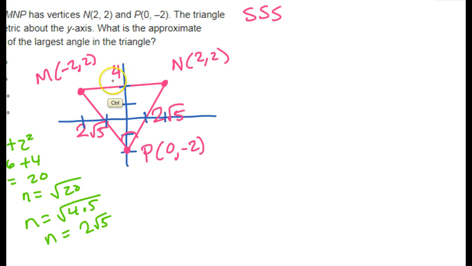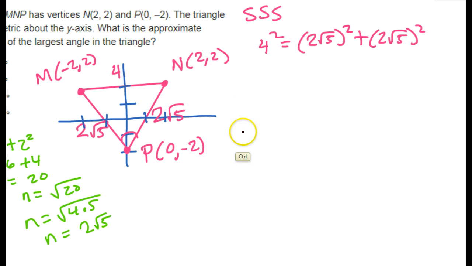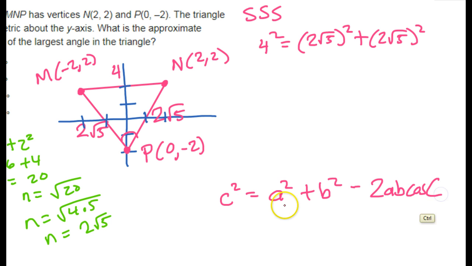Treating this 4 as if it were the hypotenuse, we will have 4 squared equal to 2 radical 5 squared plus 2 radical 5 squared. Because the law of cosines goes basically like this: c squared is equal to a squared plus b squared minus 2ab cosine C. This is the formula.